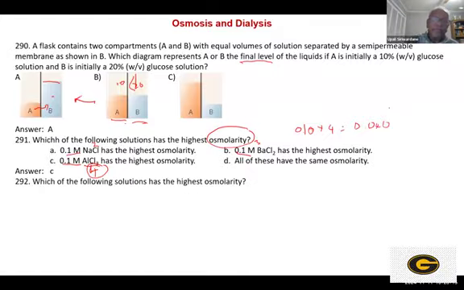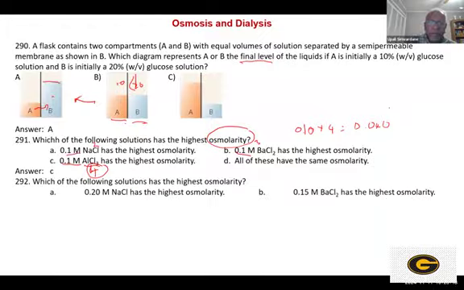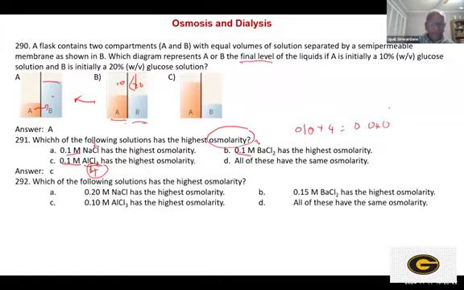Which of the following has the highest osmolarity? Similar question. Now their molarities are different. Therefore, osmolarity here is 0.40 multiplied by 2. This multiplied by 2.